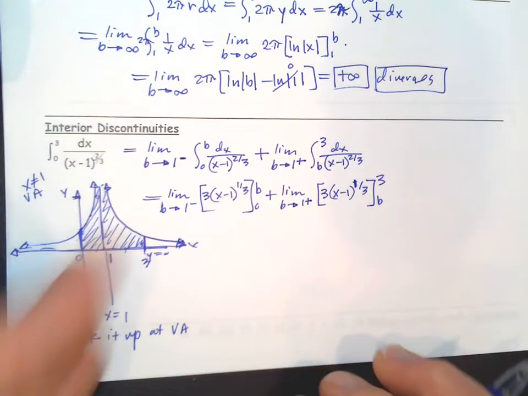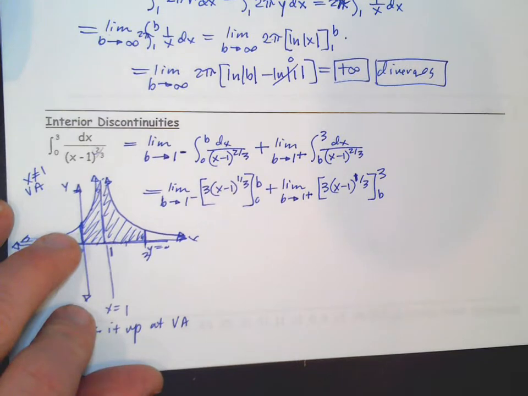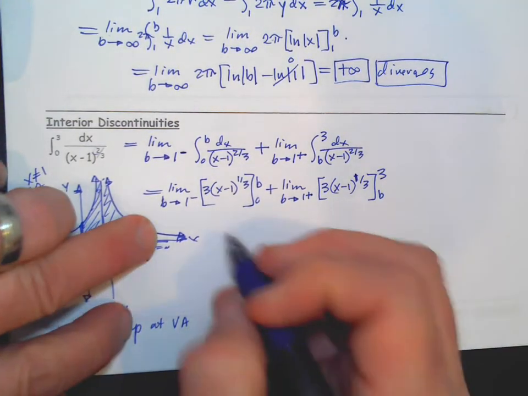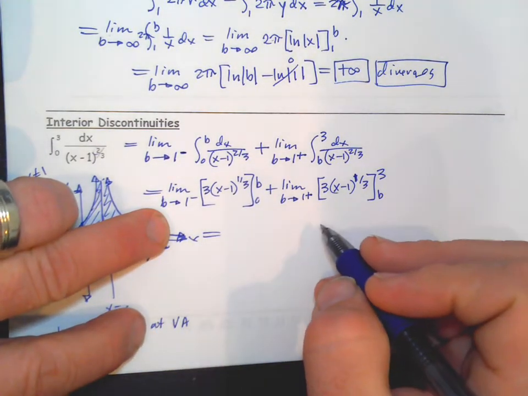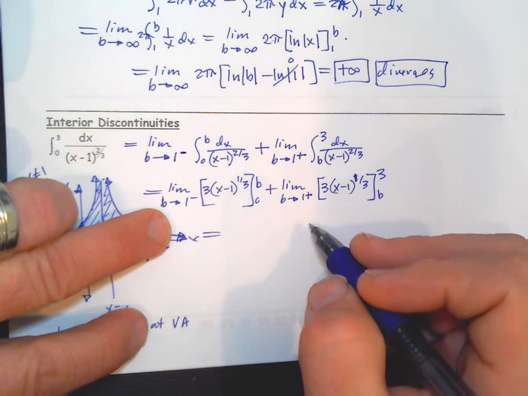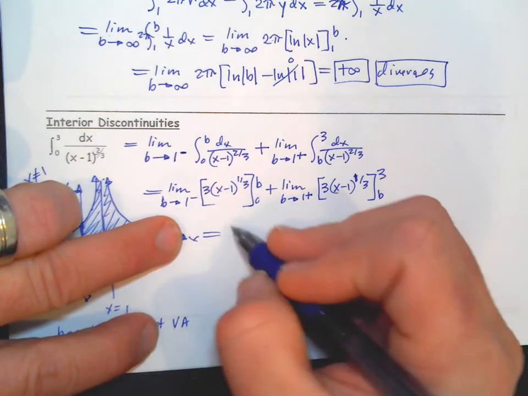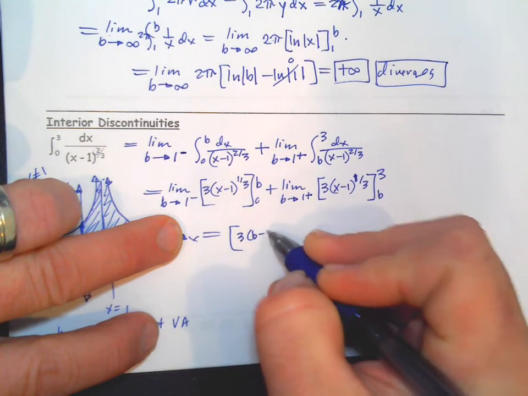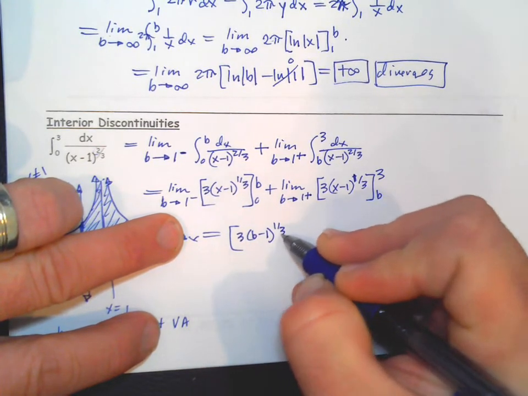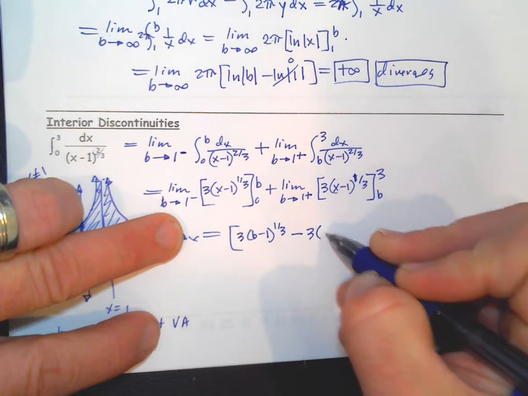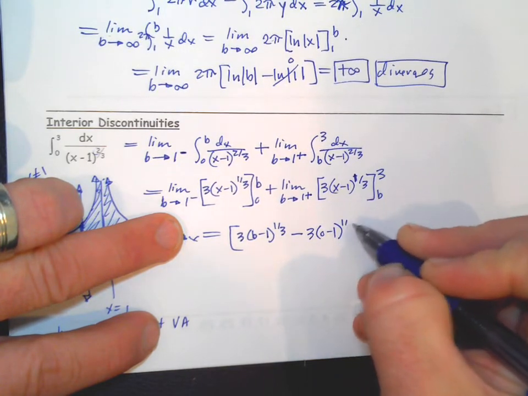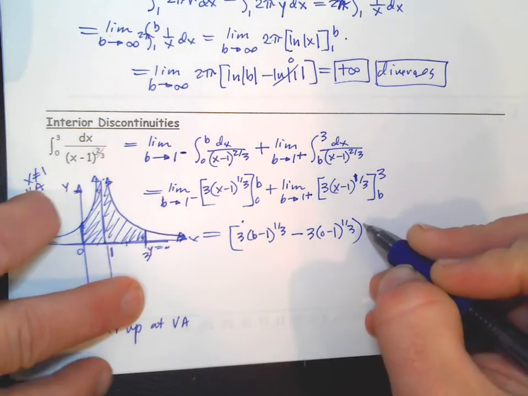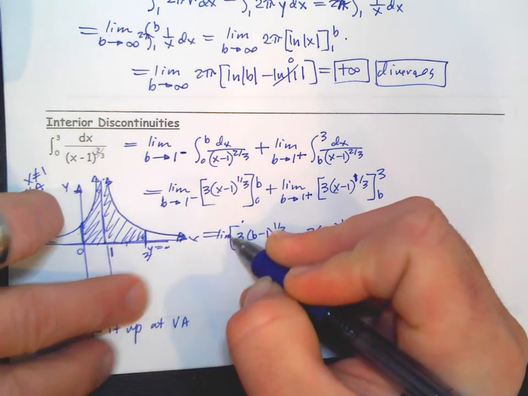So you don't need to totally rethink it. You get one, you get the other. Now we could rewrite this as 3(b minus 1) to the 1/3 minus 3(0 minus 1) to the 1/3. Still got to take the limit.